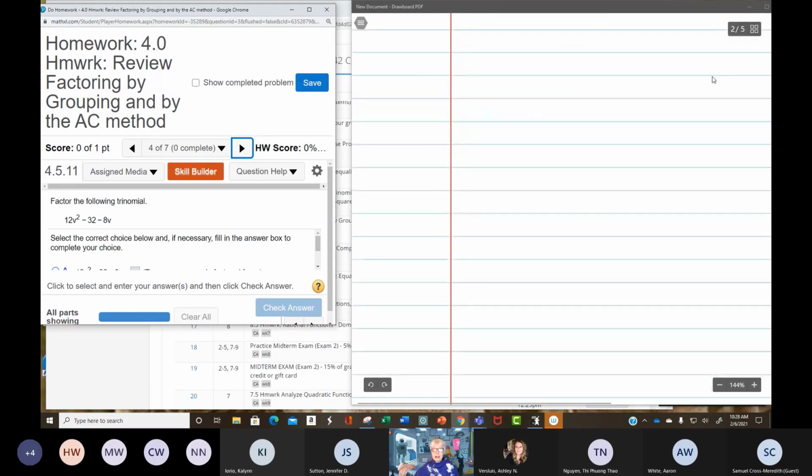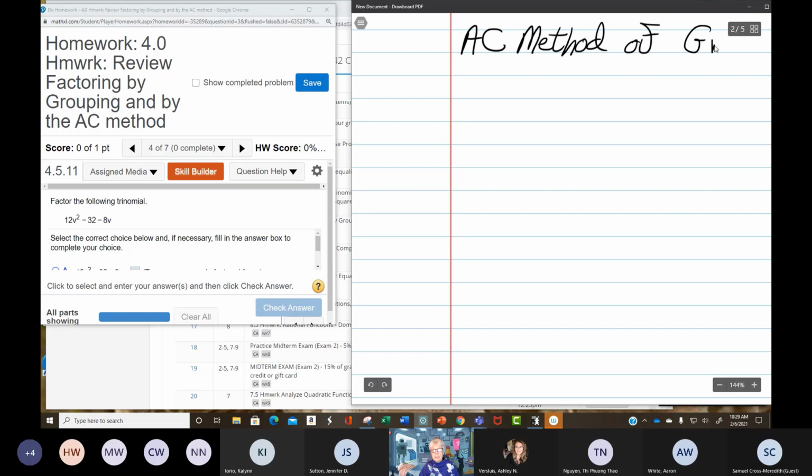This is number 4 in your homework, where we put all this stuff together with the AC method. Again, we're just talking methods.